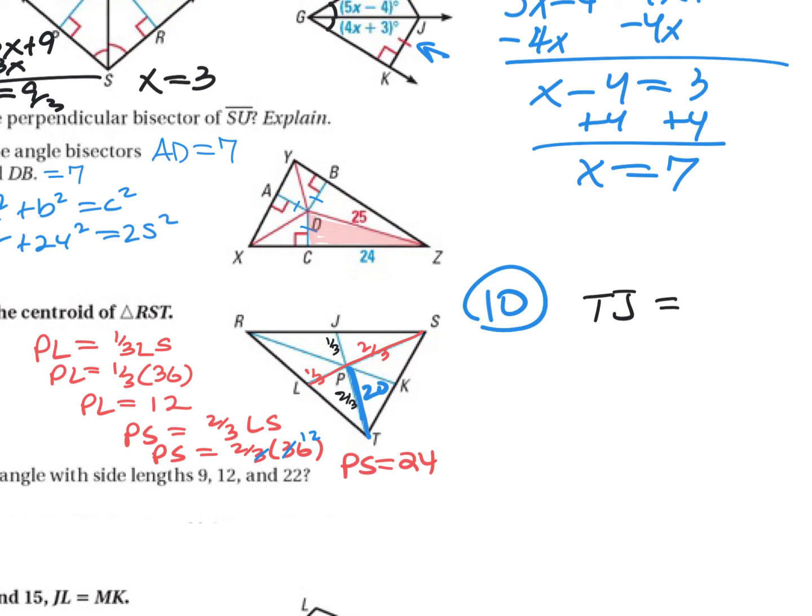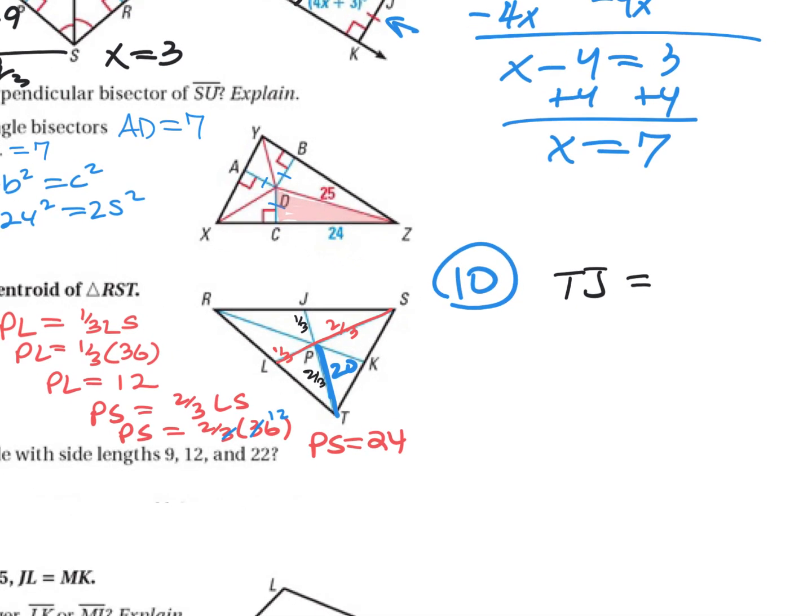I know that TJ, the length of the whole thing, is going to be equal. So since they gave me TP, I could do 2/3 of TJ equals TP. So I'm going to replace what they gave me, which was the TP. It was 20.